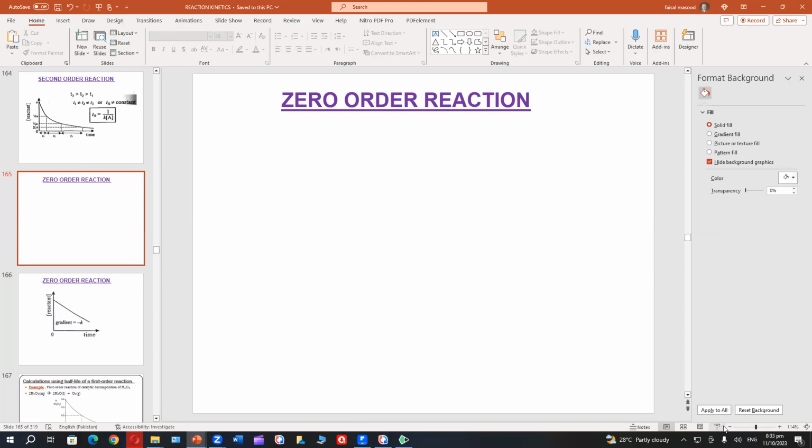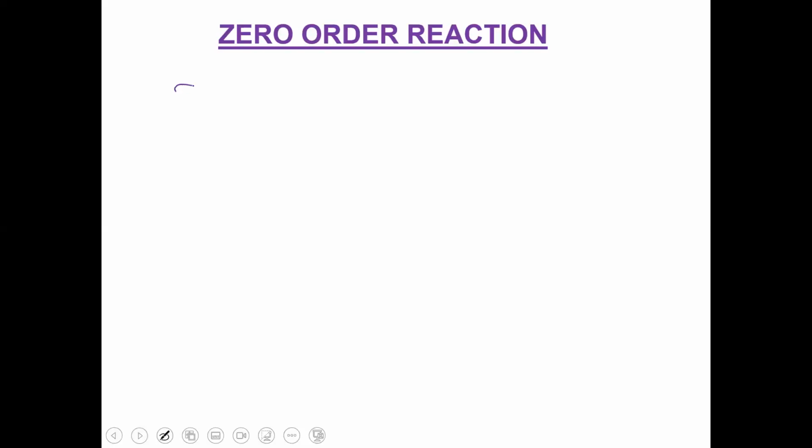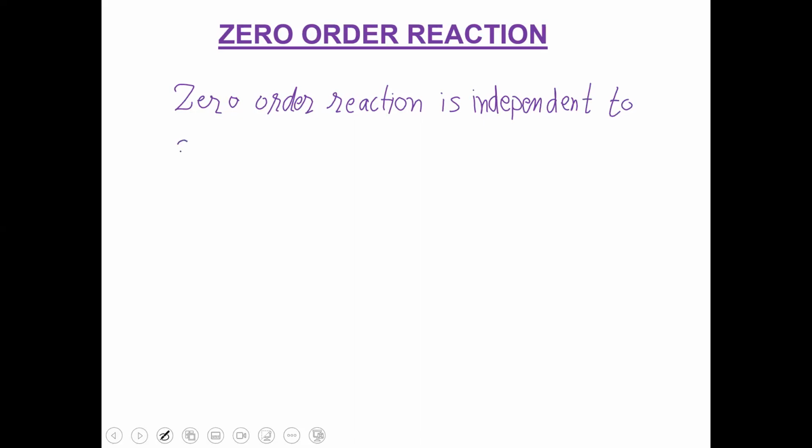So the rate of a zero order reaction is independent of change in concentration. I've written it down.